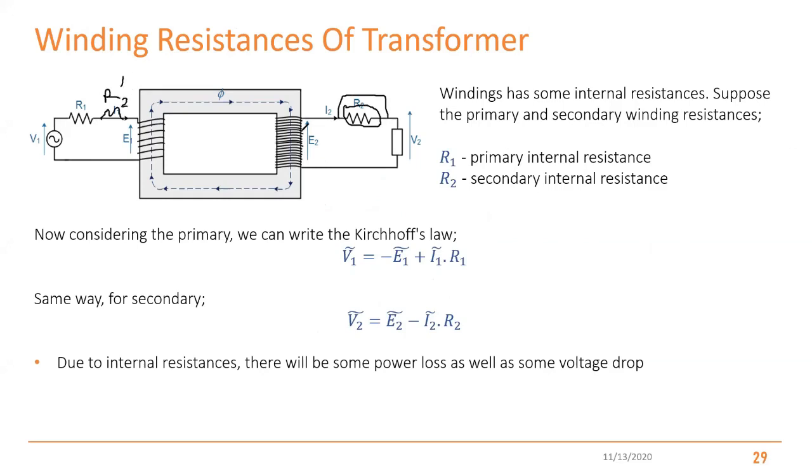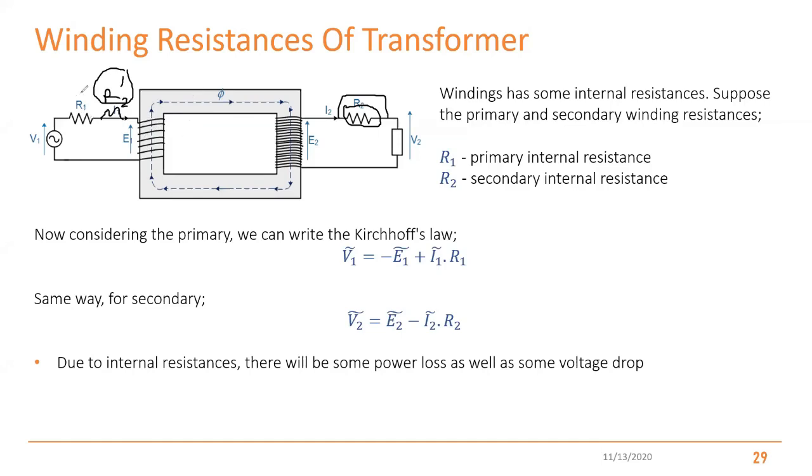Now the power E2 is directly connected to the load, whereas the resistor here is transformed to the primary side. For convenience of solving, we can do it the other way as well.